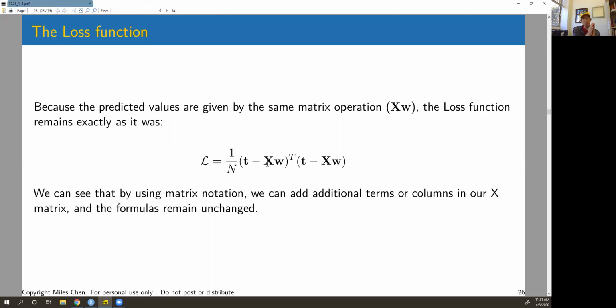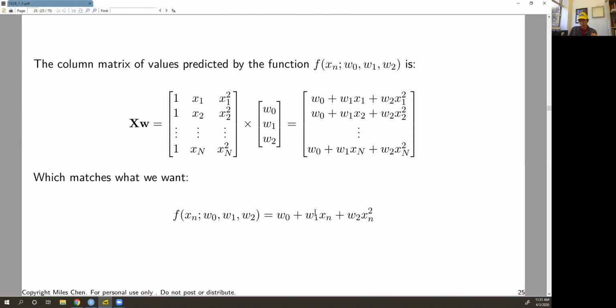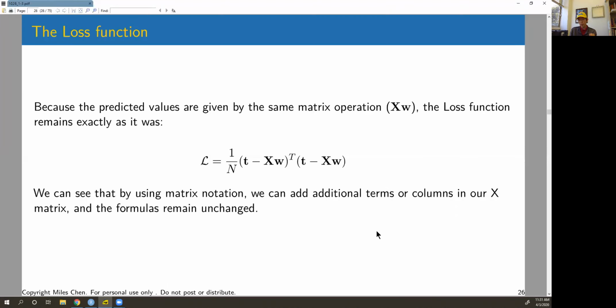Inside, X has changed from an n by 2 matrix to an n by 3 matrix, and W has changed from a 2 by 1 matrix to a 3 by 1 matrix. So those things have changed, but as far as how we write the values in matrix notation, that has not changed. And we can see that there are advantages to using matrix notation, whereas before, if we had been using the expanded form, writing out the loss function would have so many more terms.